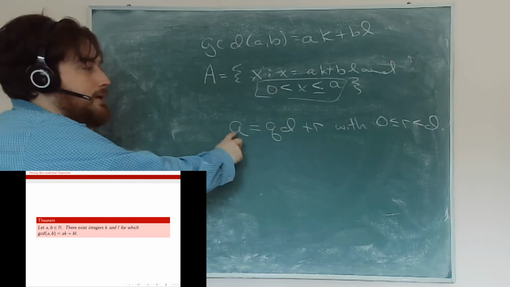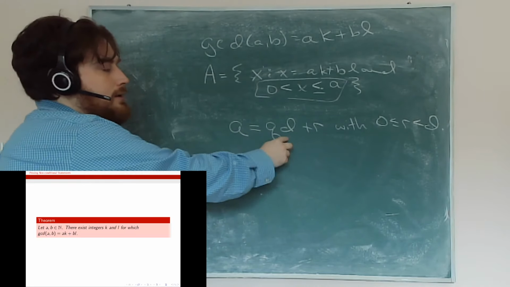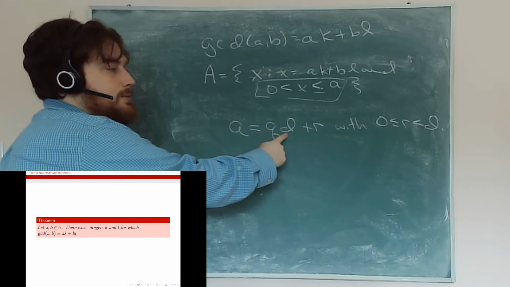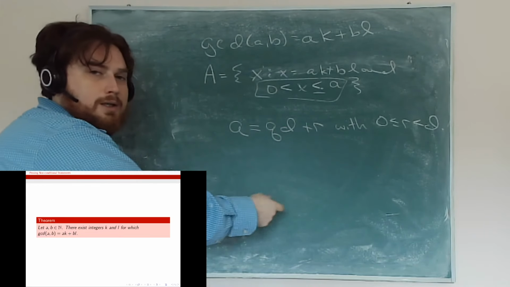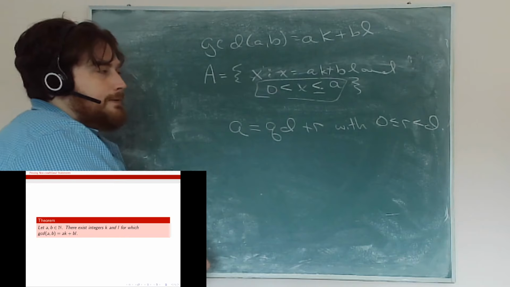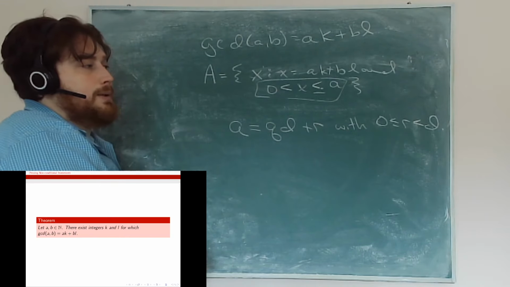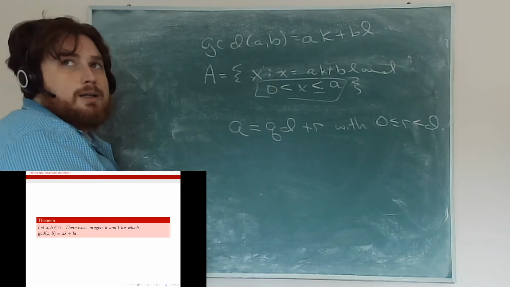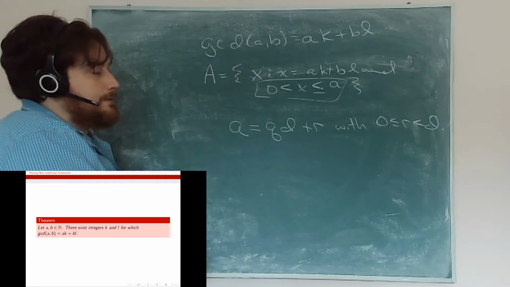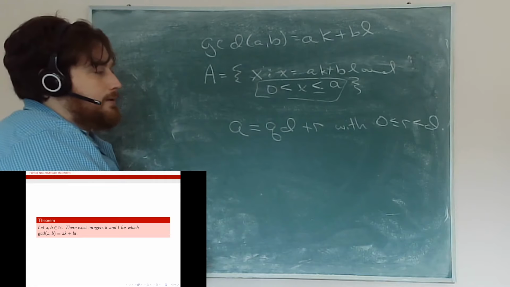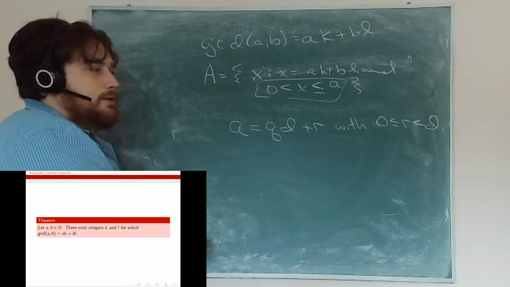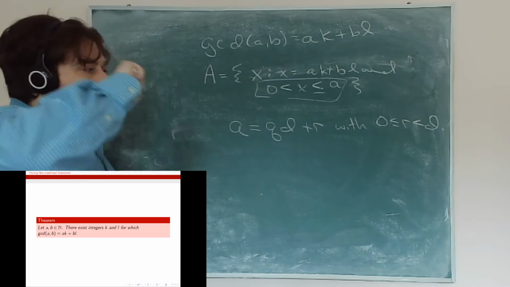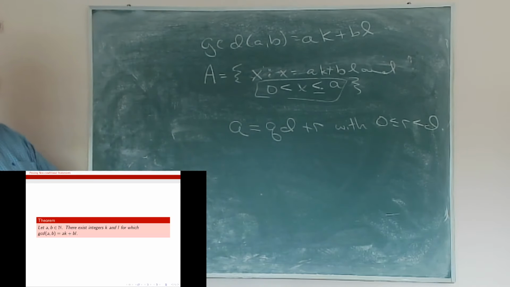The point is that for any two integers A and D, I can say A is an integer times D plus a remainder. So I divide, I get some remainder. The remainder has to be between 0 and D and not equal to D, but it could be equal to 0. Now my goal was to show that D divides A, so what I really want to do is show that R is non-zero. Or R has to be 0.